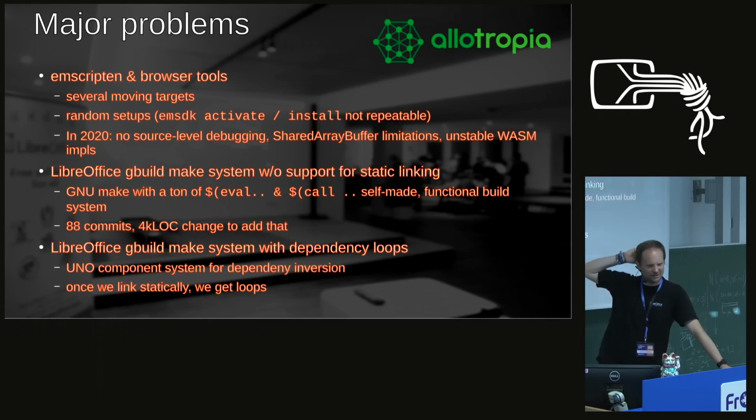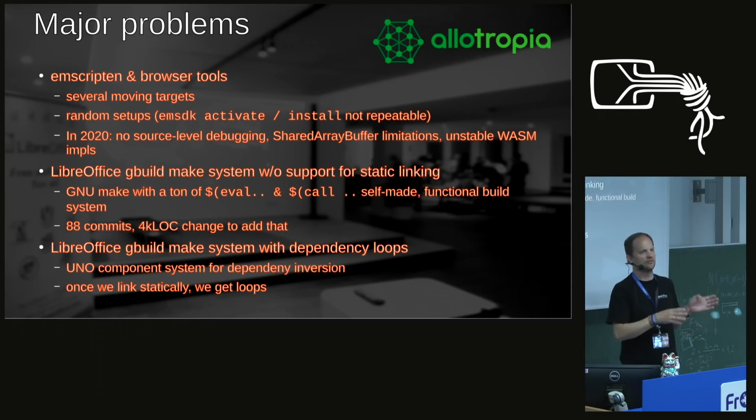The other bit was the LibreOffice build system, which is nominally GNU make, but essentially almost a Lisp-level functional programming language on top, with eval and call, very, very dynamic. Extremely powerful, but also really hard to debug and to extend. And the challenge was we actually had to extend it, because static linking was not natively supported.